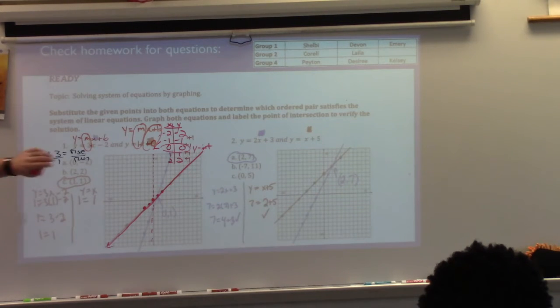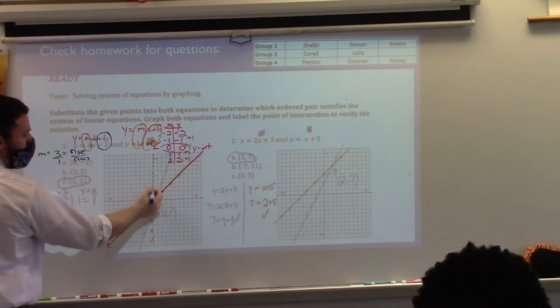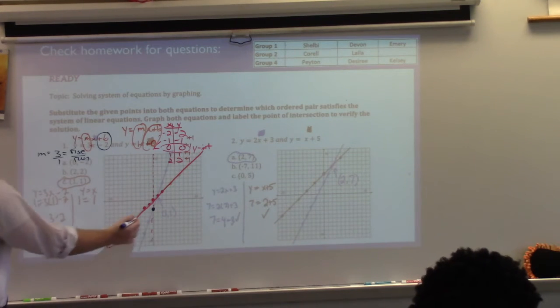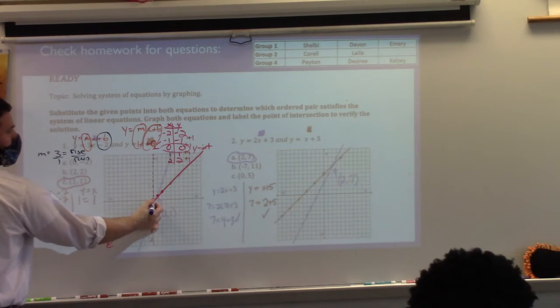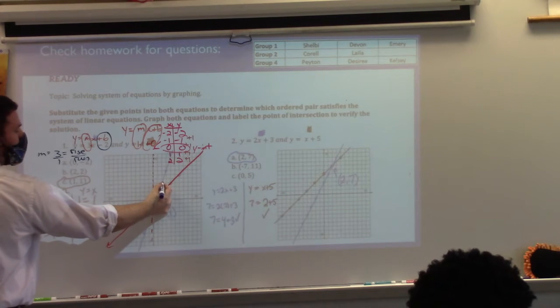There's my slope, and that's my rate of change, but where am I starting at? What is my y-intercept? -2. So I go to the y-axis, I go down to -2. And then I rise up 3, and I run right 1.